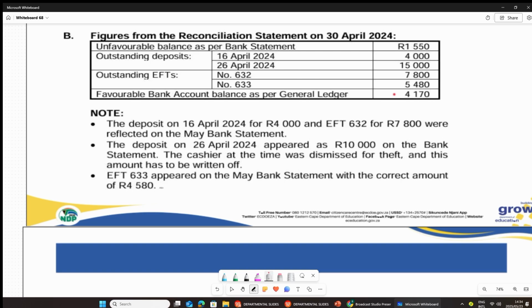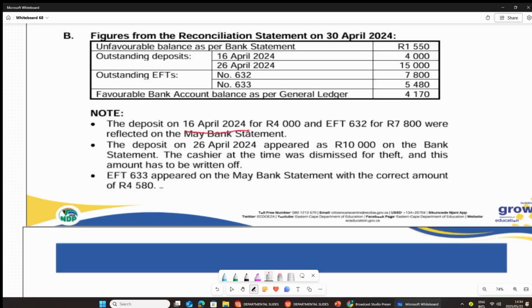Now, it's important for us to note at the bottom regarding what they've already done the work for you, where they investigated the previous reconciliation with the statement of May, and they gave you the following notes to take note of. It states here, the deposit of the 16th of April, meaning you must now go and look at the date here and go and look at the statement, the deposit date that is being given here on the 16th.